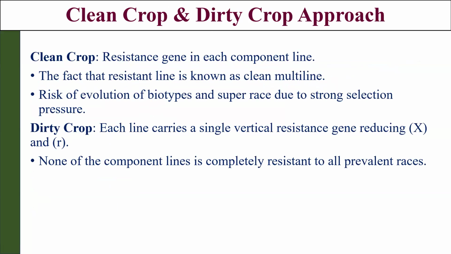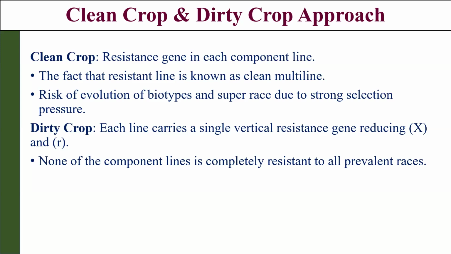But in the case of the dirty crop, every line has only some resistant genes, like one line having two genes, another line having another two resistant genes, another two to three. Every line does not have all the vertical resistance. In the clean crop approach, every line has all 20 resistant genes for the particular pest.